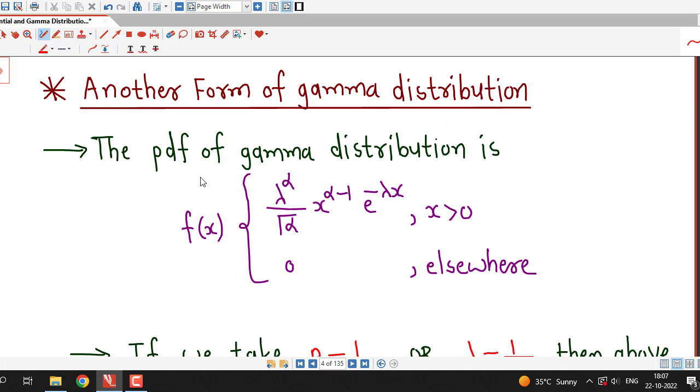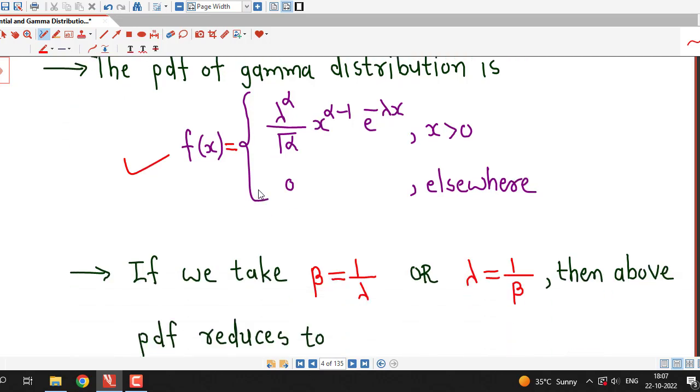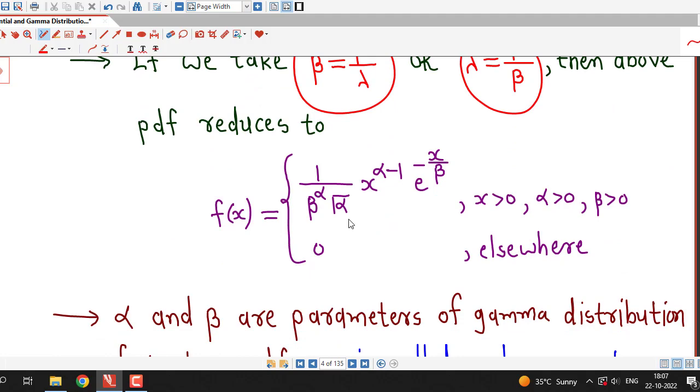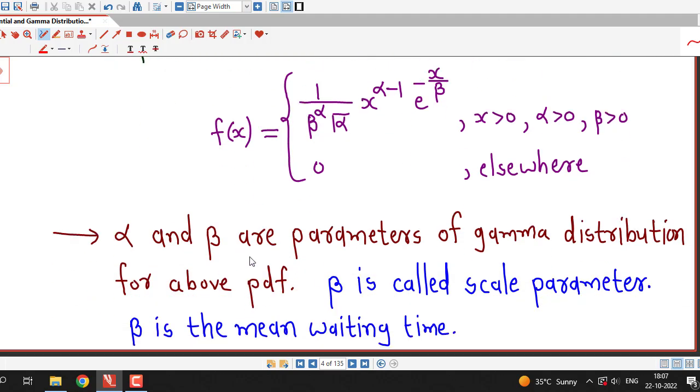Another form of gamma distribution, this is the form which we have used for defining gamma distribution. And if we take beta equal to 1 over lambda, or lambda is replaced by 1 over beta in this formula, then we obtain this form of gamma distribution. And here alpha and beta are parameters of gamma distribution. Beta is called the scale parameter, and it is the mean waiting time.